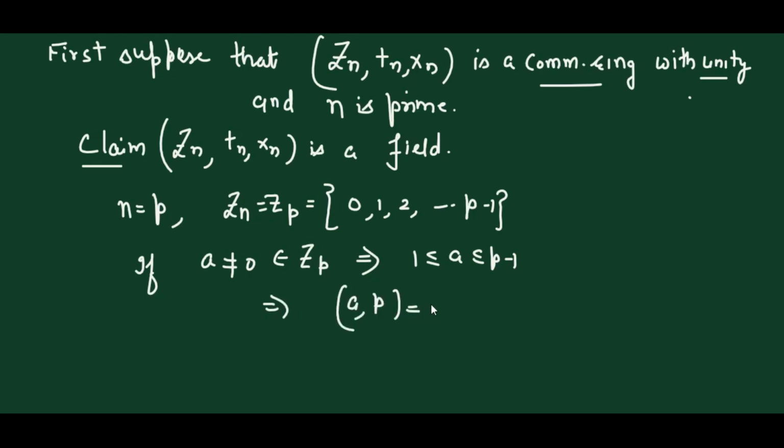Any integer less than p is co-prime to p, for all non-zero A belonging to Zp.